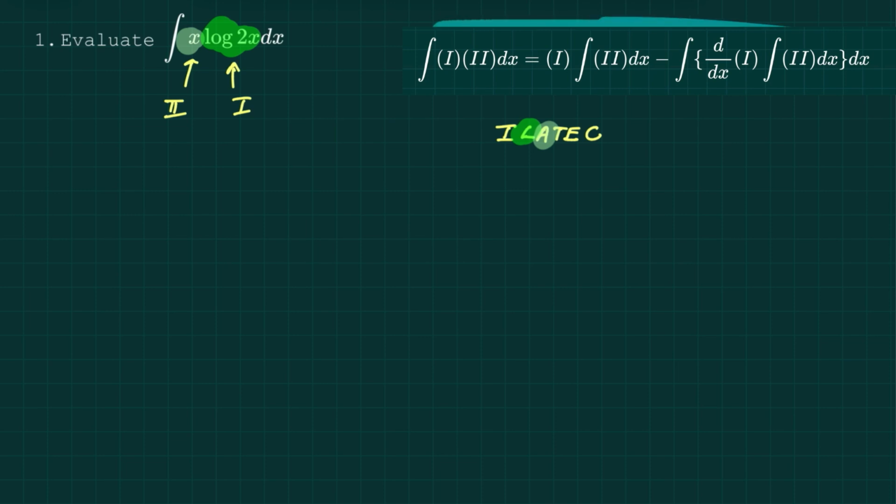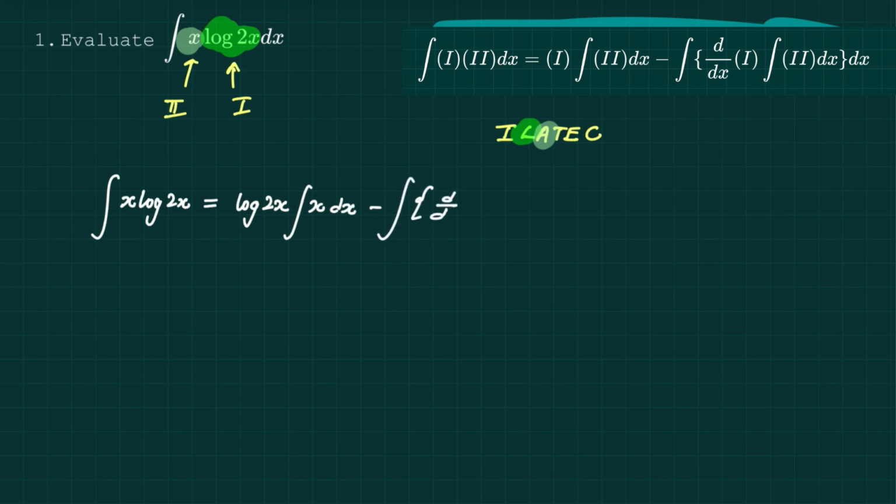So using integration by parts, which I have written here, integration of x into log of 2x equals the first function, that is log of 2x, we will keep log 2x, and integrate the second function, that is x, minus integration of curly bracket open, differentiating the first function, that is log of 2x, into integrating the second function.